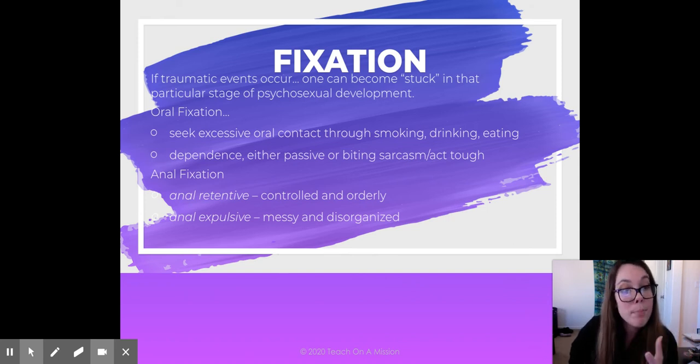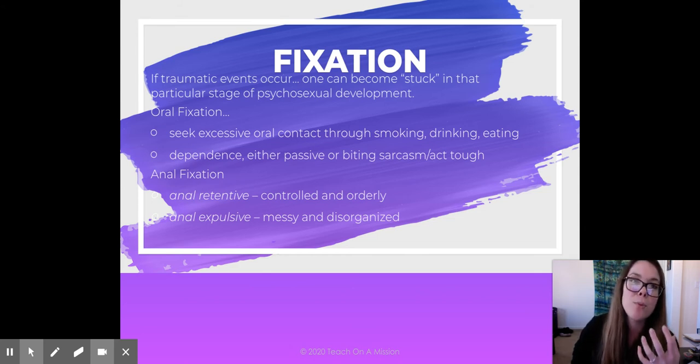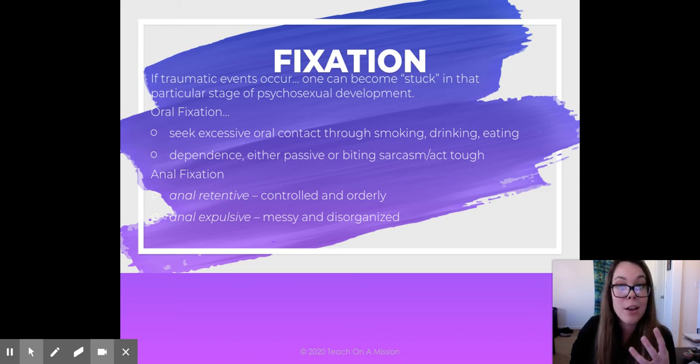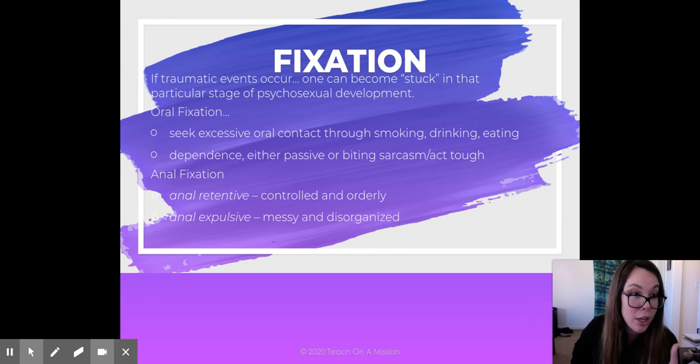But if it starts up again, it's because it's a comfort. And so when we talk about fixations, when someone fixates on a certain stage of Freud's development through his lens. So for example, Freud would say people who have a smoking habit, or with cigarettes, Freud would call that an oral fixation.